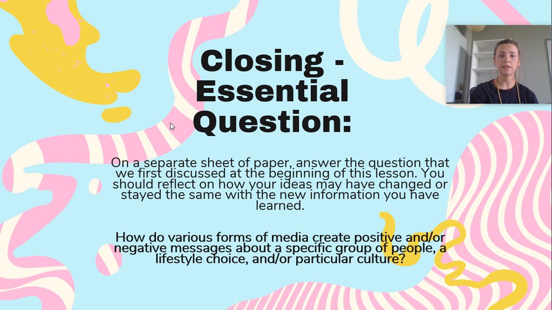To close off the lesson, I would refer back to the essential question, considering this is what the entirety of the lesson has been about: how to take that media and how to take literacy and not only understand the importance of it, but be able to analyze it and evaluate media literacy, because there is a different way of looking at it. So students would refer back to this question, and this is where paper and pencil would come into play, and they would write their responses here.